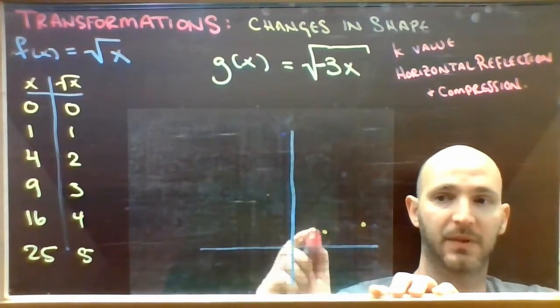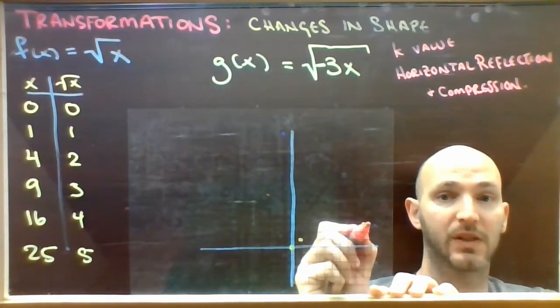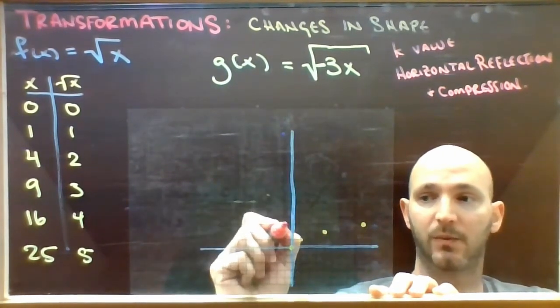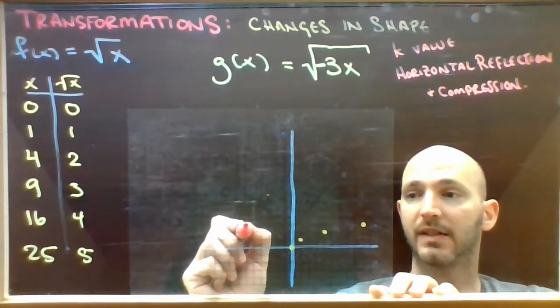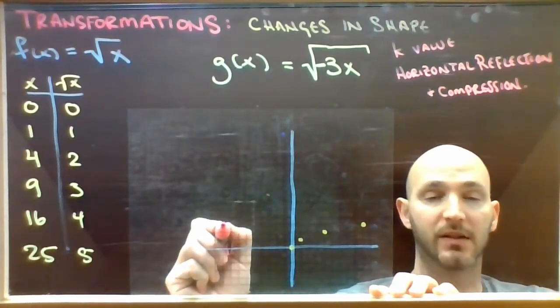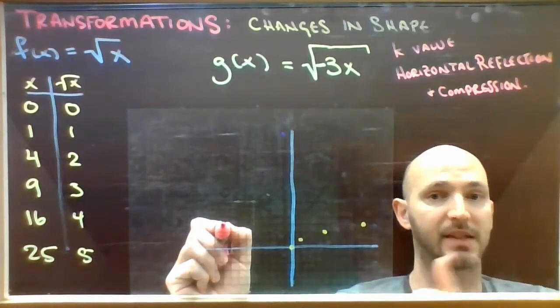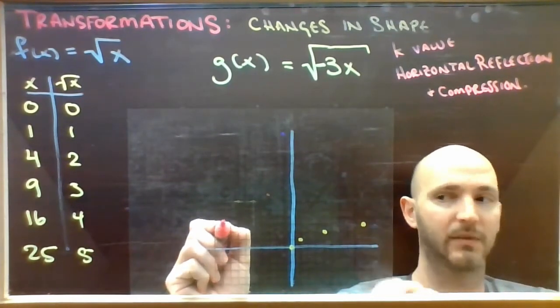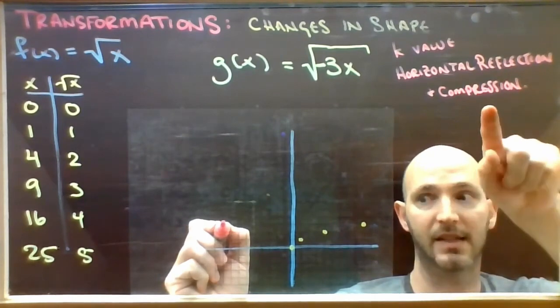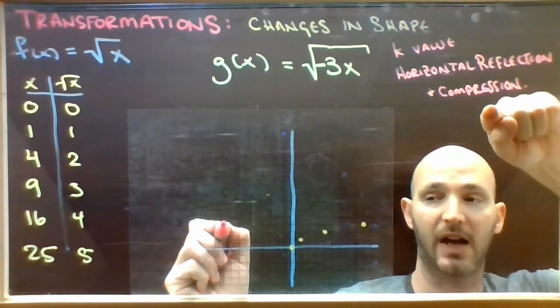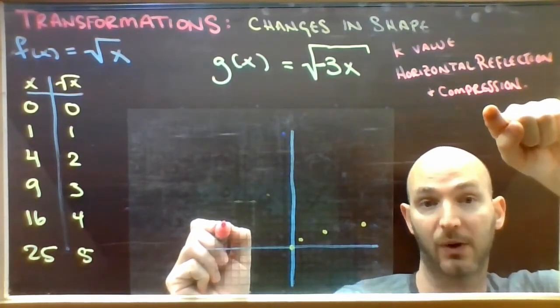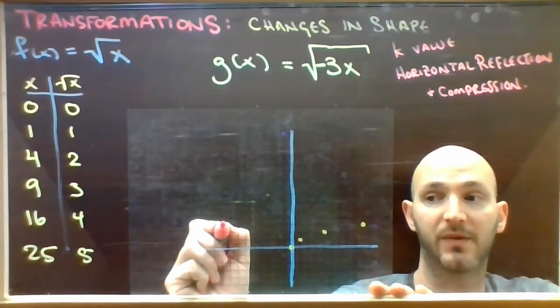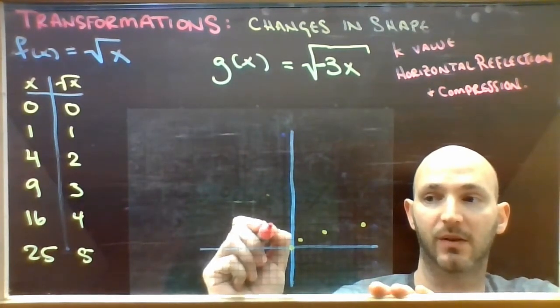Two things happen because of this k value. First, it gets reflected so that it's 9 squares on the left instead of the right. So I've reflected it. Now that 3 says I should get there 3 times as fast, which means it should take a third as long. A third of 9 is only 3 squares, so I'm there.